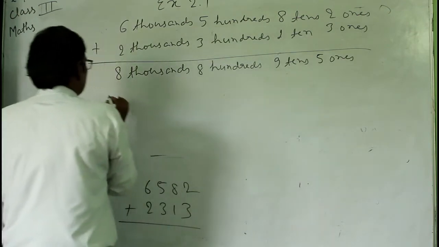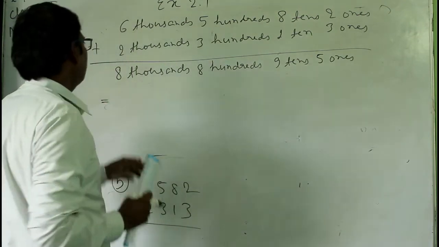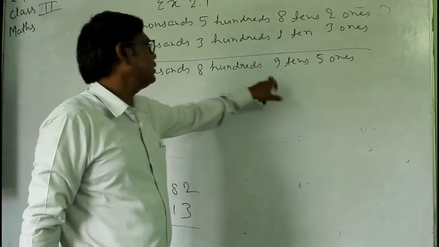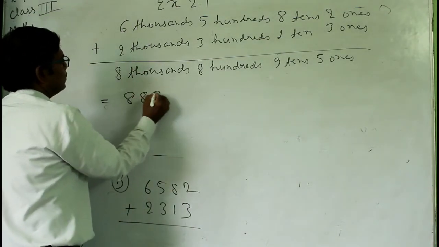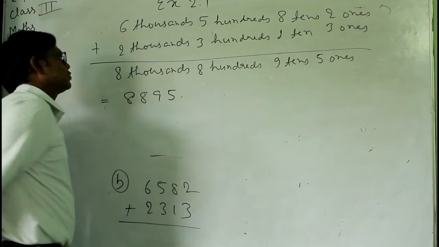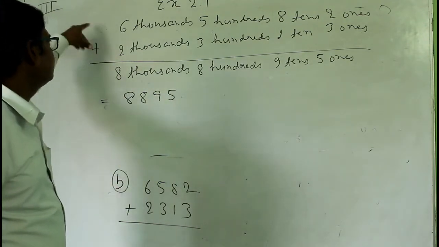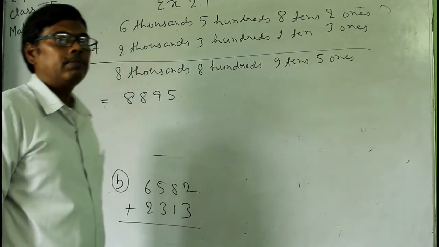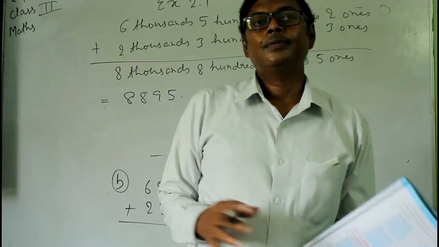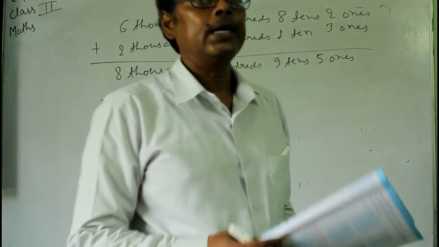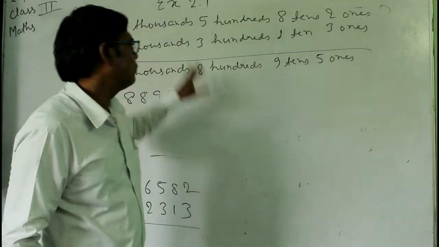So what is the answer now? You have 8,000s, 800s and 9 tens and 5 ones. So the sum will be 8,895. So this is the answer, that is by expanding. This is the sum by using the expansion of the numbers. When you expand the numbers, then you will add the numbers like this.